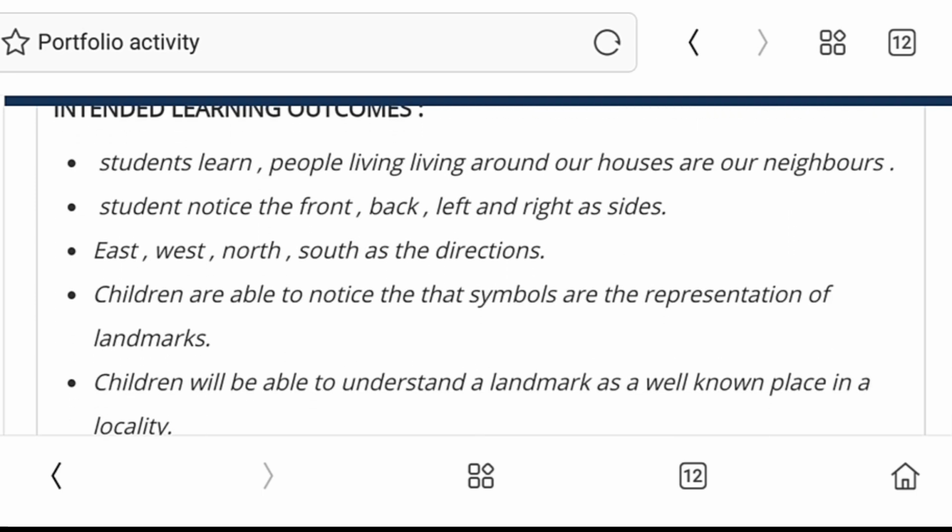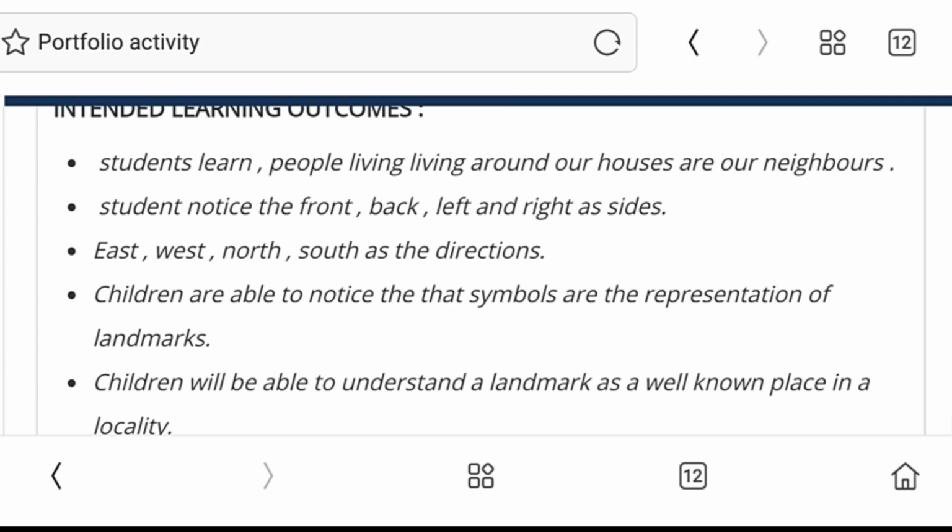Then intended learning outcomes. Observe here. Students learn people living around our houses are our neighbors. Students notice front, back, left and right as sides, and east, west, north, south as directions. Children are able to notice that symbols are the representation of landmarks.